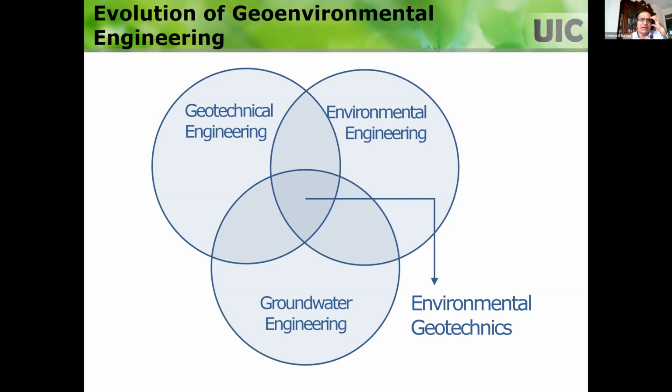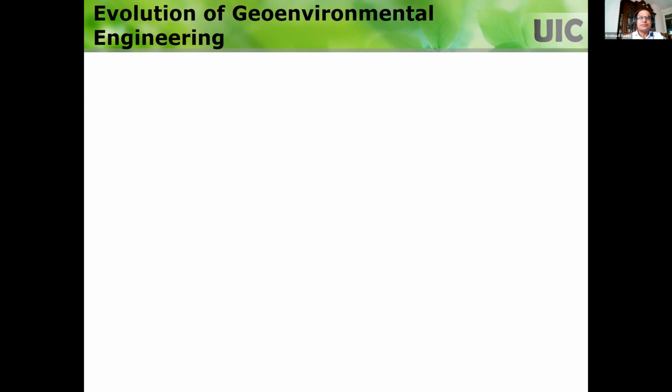You need to have some background in environmental engineering, some background in geotechnical engineering, and some background in groundwater engineering to address geoenvironmental problems. You can understand that, right? Because geotechnical engineers deal with only seepage of water, right? Water flow. But if you have contaminants in it, then you have to look at environmental engineering and contaminant hydrogeology, those kinds of things.